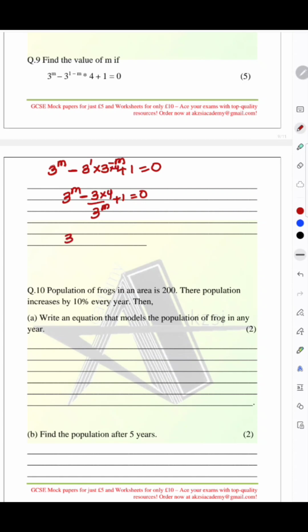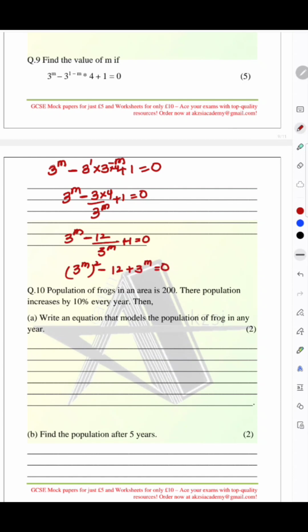So I can write 3 to the power of m minus 12 over 3 to the power of m plus 1. If something is in the denominator in an equation, we always try to get rid of it, and that's why I need to multiply whatever there is in the denominator with every term. So it will give you (3 to the power of m) whole squared minus 12 plus 3 to the power of m.